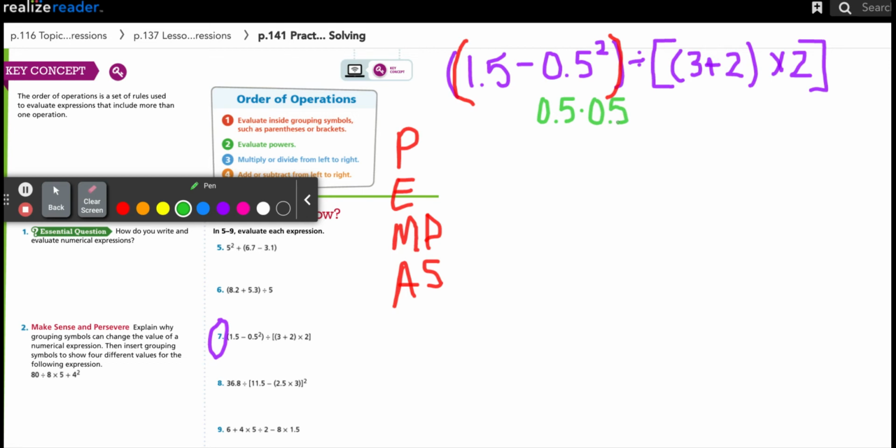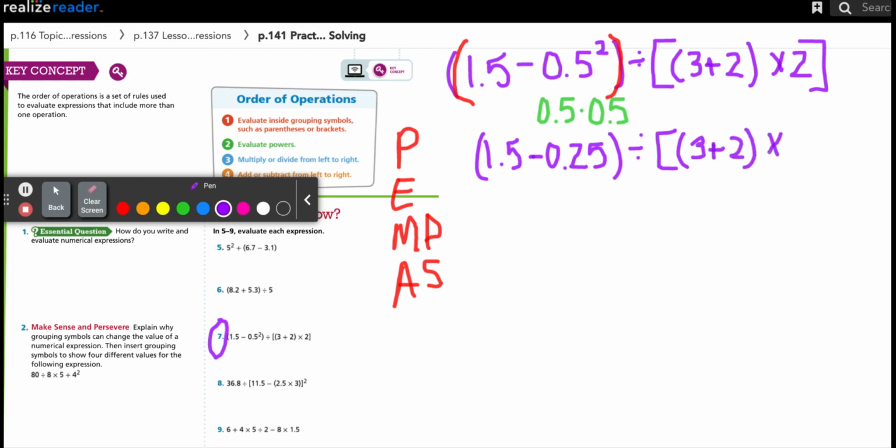Write that so that you make sure that you're putting the right thing in your calculator. Well, what's 0.5 times 0.5? I got 25 hundredths. So you're going to rewrite that and then bring the rest of the expression down. In the parentheses, divided by open bracket, open parentheses, 3 plus 2, close parentheses, times 2, close bracket.